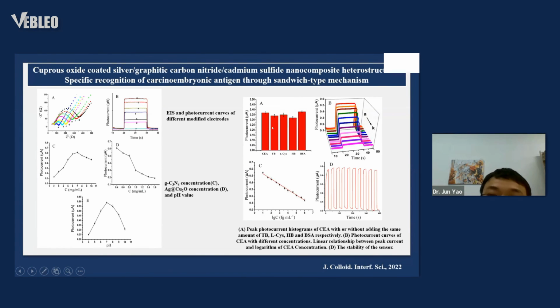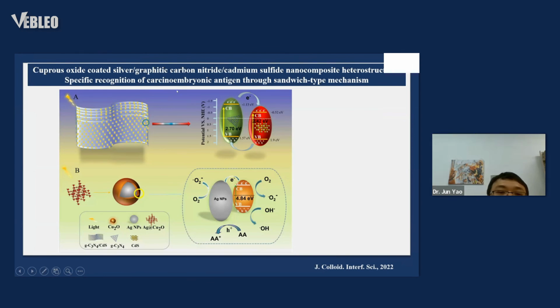From this picture, this sensor can specifically recognize CEA. The scheme is the photocatalysis mechanism.